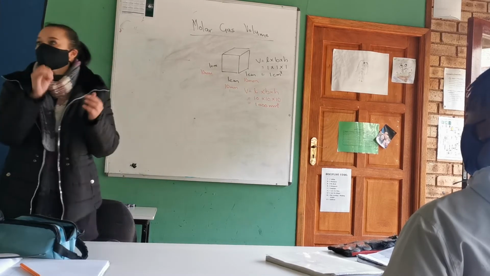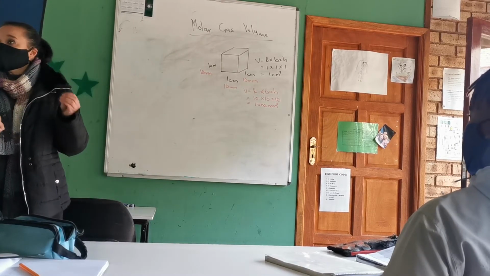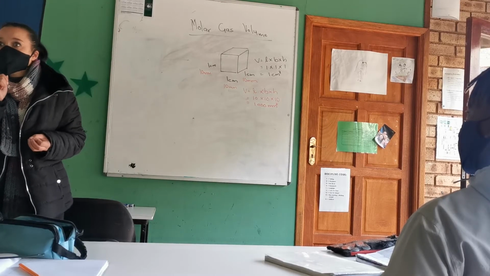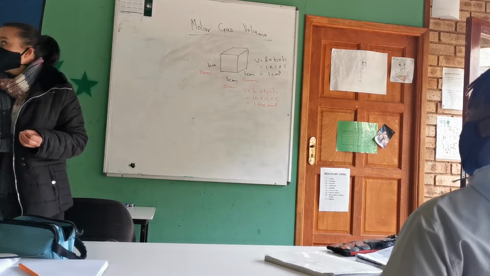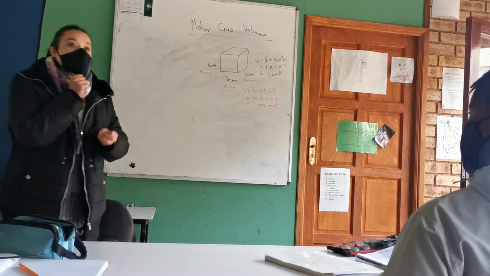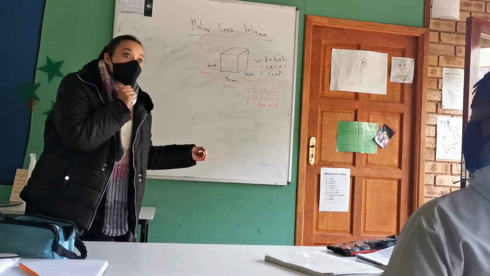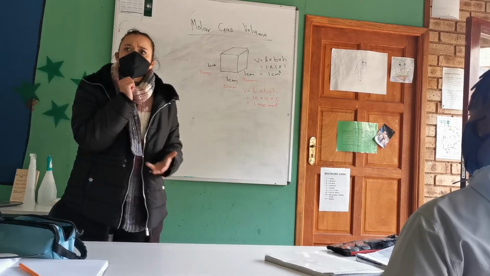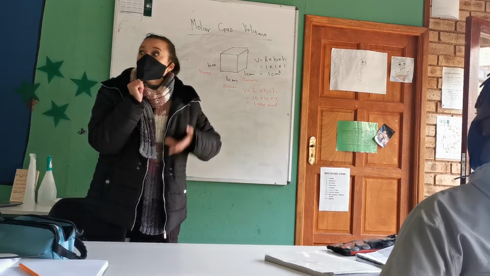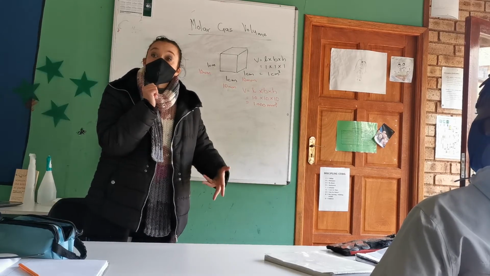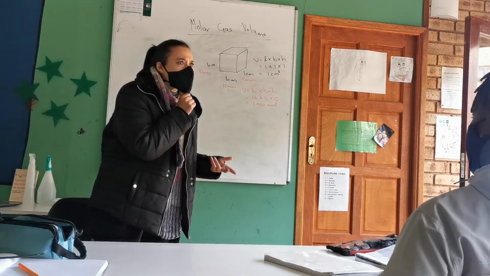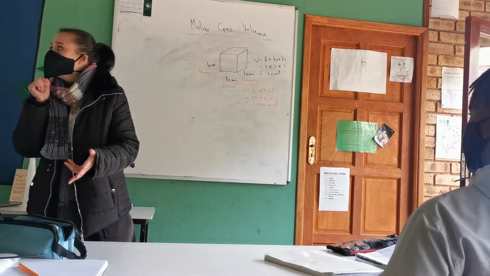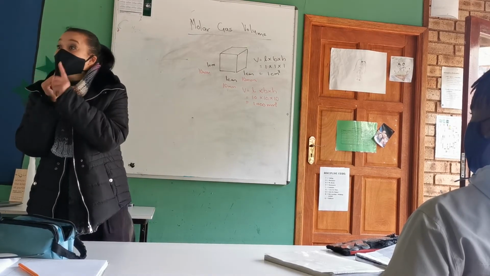The reason why I'm showing you this is because when we talk about volume, the conversions don't make sense. We know that in every 1 centimeter, we have 10 millimeters. But I'm going to say that 1 centimeter cubed is equal to 1,000 millimeters cubed. It feels like I'm changing the conversion, but I'm not.